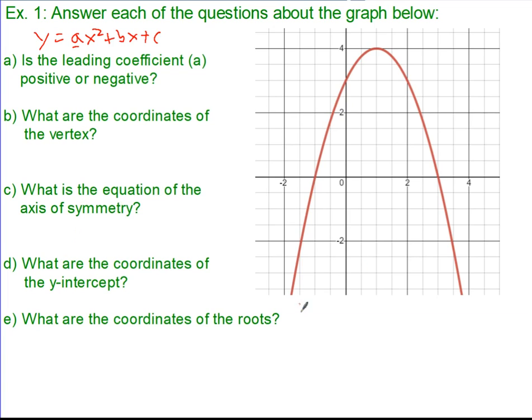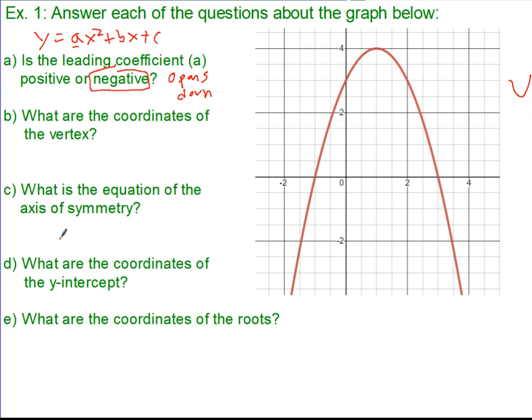We do that just by looking at the graph. This one opens down, and because it opens down, that tells me our leading coefficient is a negative number. If it opened up, if it had our smiley face U, that would be a positive leading coefficient.